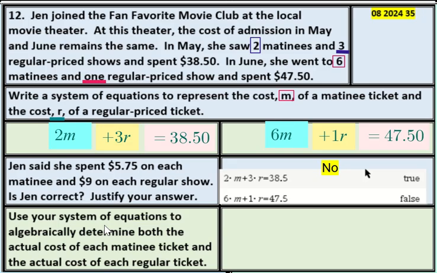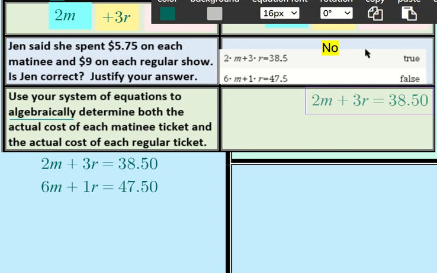the instructions are solve algebraically. So in order to solve this algebraically, I need to eliminate a variable. So I want to distribute a negative 3 through my second equation to get negative 3r to make the r's go away.